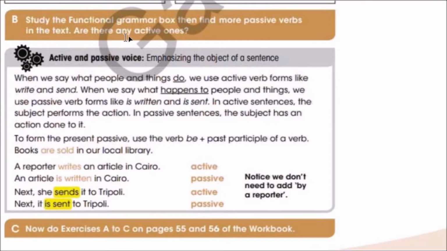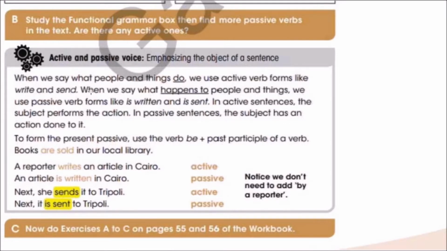Study the functional grammar box, then find more passive verbs in the text. Are there any active ones? Now, we're going to study it and then find the passive verbs and then find the active ones. In this box, we're talking about active and passive voice, emphasizing the object of a sentence.